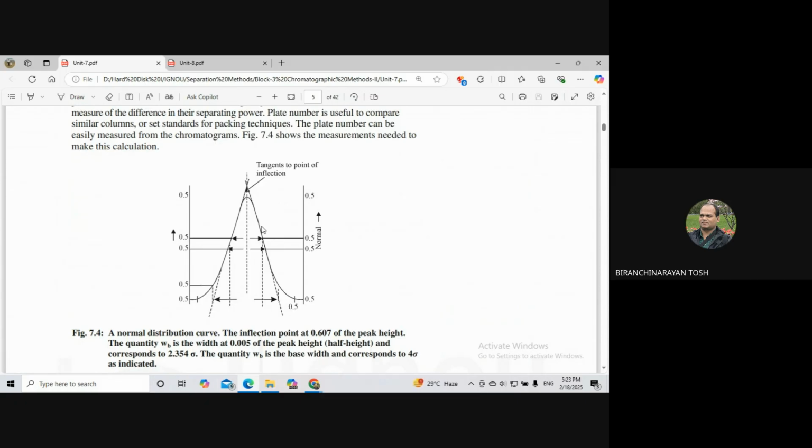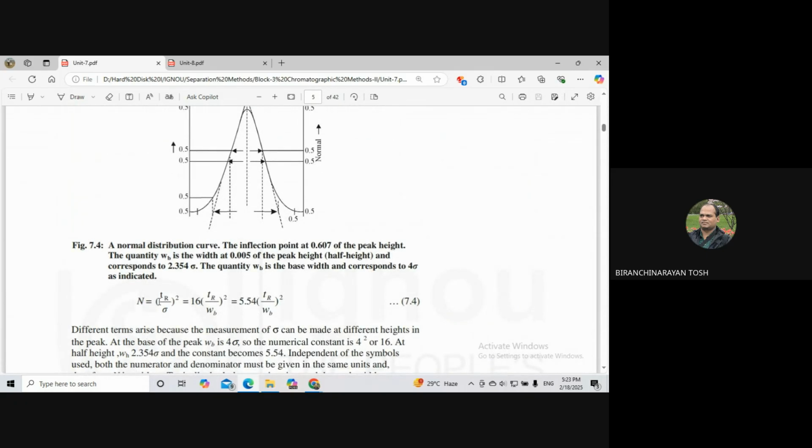So different terms arise. You can see the relationship here: n equals (Tr divided by sigma) whole squared, which is equal to 16 (Tr by Wb) whole squared, which is equal to 5.54 (Tr by Wb) whole squared.